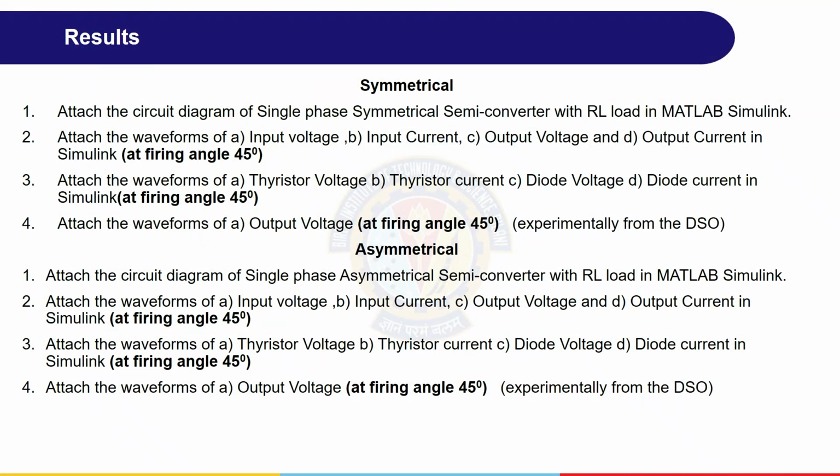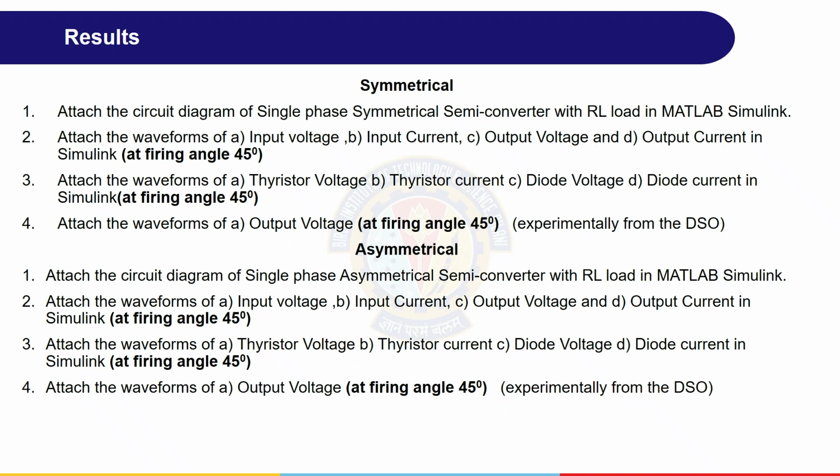Results. First one is symmetrical. Attach the circuit diagram of single phase semi-converter with RL load in MATLAB Simulink. When we are doing simulation, you design the circuit, right? That circuit you have to attach here. Attach the waveforms of input voltage, input current, output voltage, output current from Simulink.